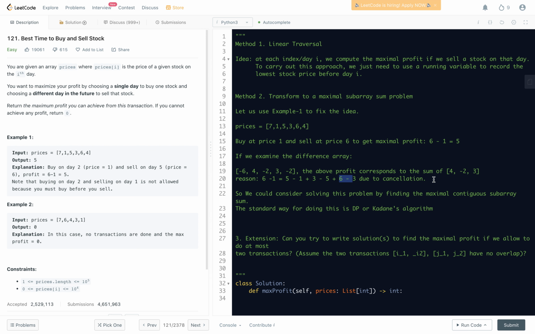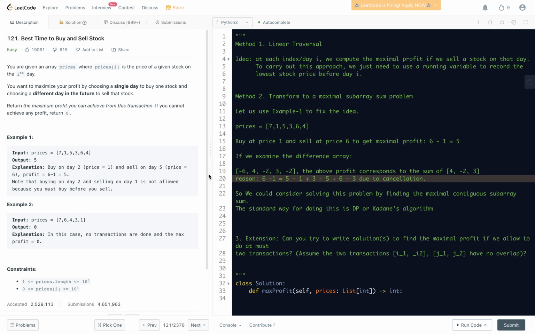This small case helps us digest the connection of this problem with the maximum subarray sum problem. We could consider solving this problem by finding the maximum contiguous subarray sum. The standard way of doing this is DP, an algorithm that bears a name, Kadane's algorithm. These are for method 2.